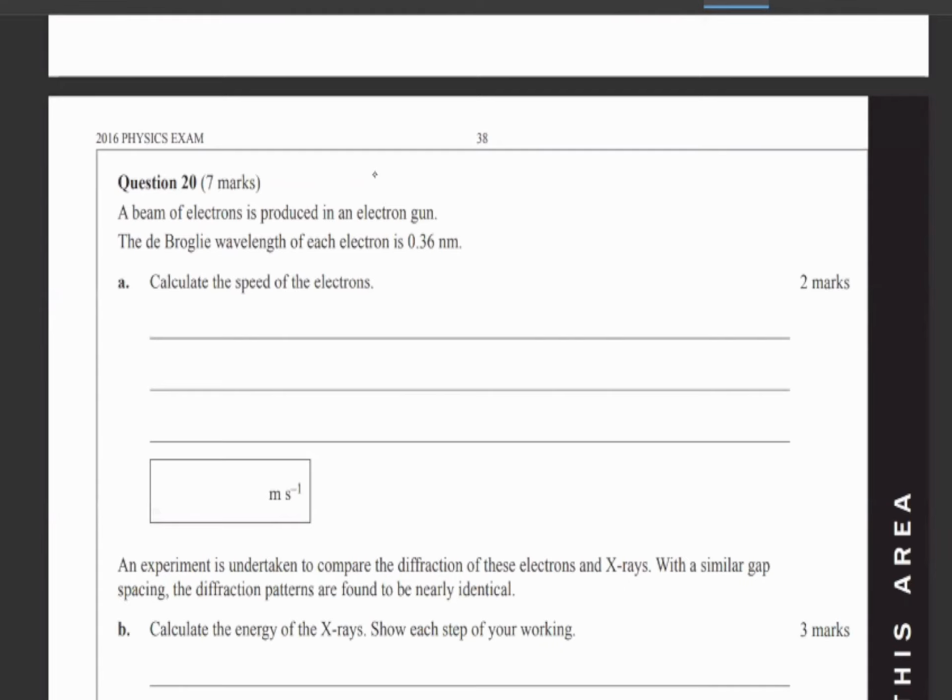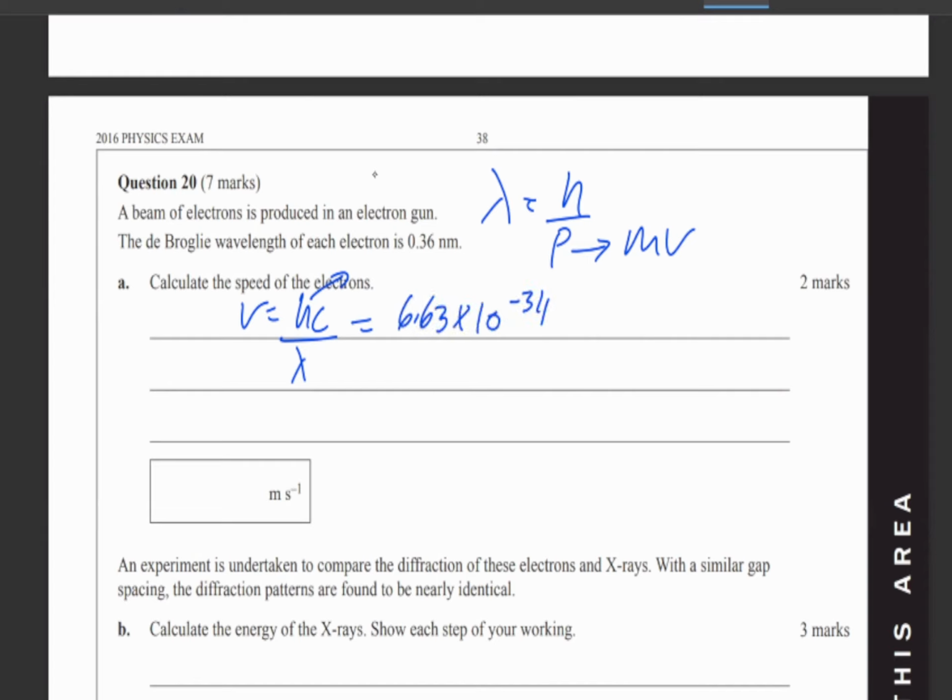So calculate the speed of the electrons. So we know wavelength equals h over p, this momentum mv. So then v equals h over lambda times m. The Planck's constant is always in joules for this formula, 6.63 times 10 to the power negative 34.